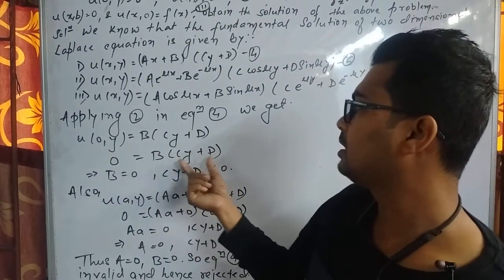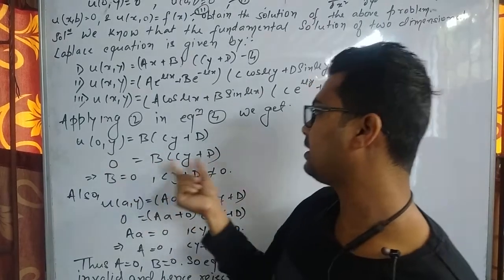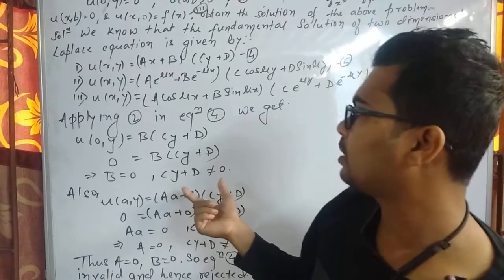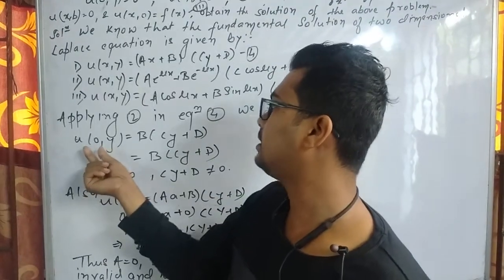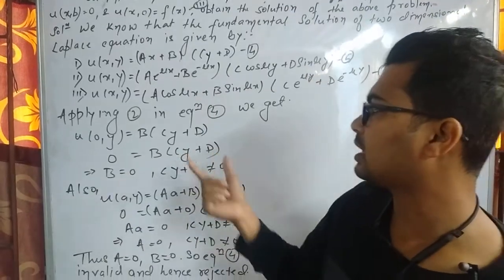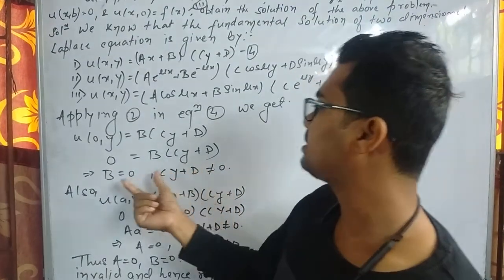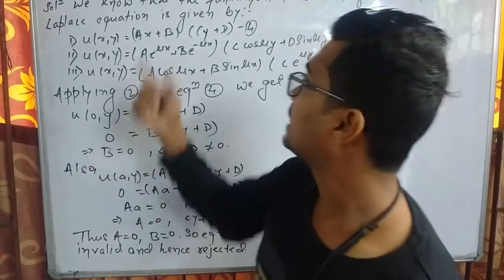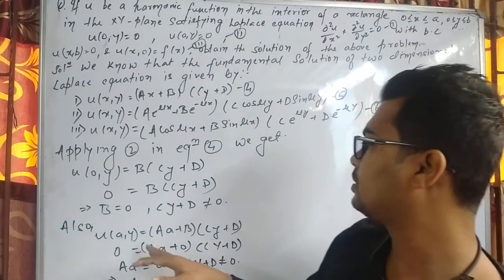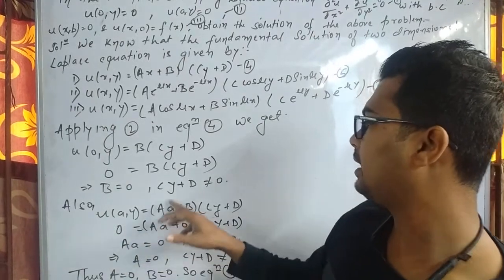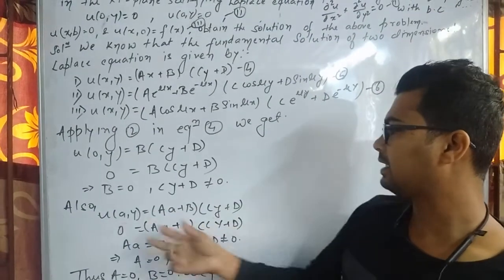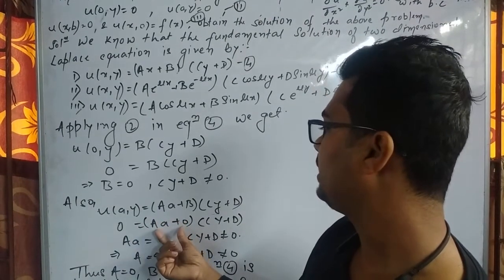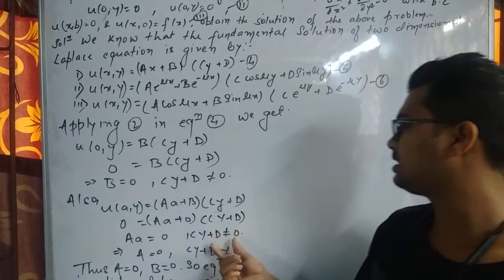Now these 2 factors give a product of 0, so either of them can be 0, but (cy plus d) will not always be 0, because the condition has no x term. So b will always be 0 and (cy plus d) is non-zero. Our second condition was u(a,y) equal to 0, so we put the value a in place of x, and this is again equal to 0. So either small a is equal to 0 or (cy plus d) is equal to 0.